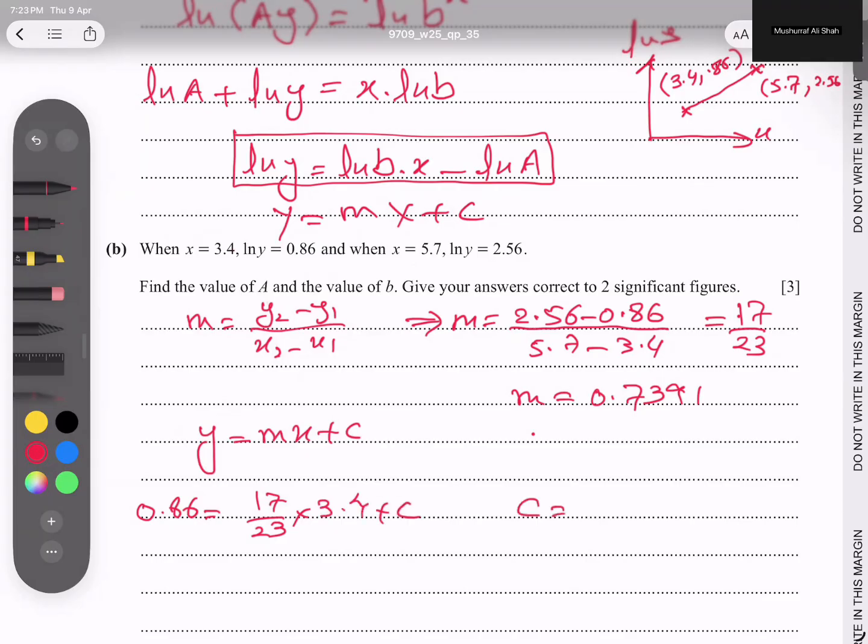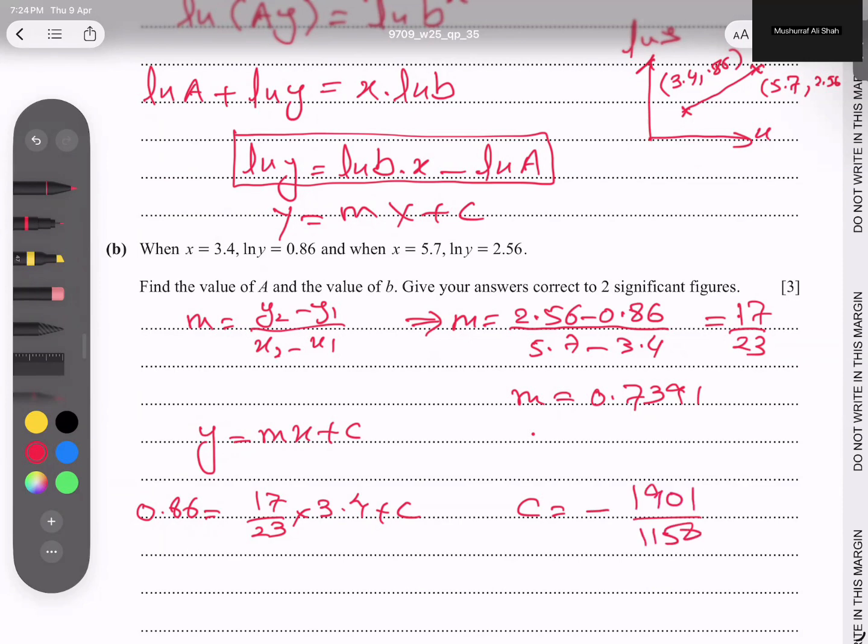So what does the c value turn out to be? Let me calculate. 0.86 minus 17 divided by 23 times 3.4. In fraction form I'm getting a big number, negative 11901 over 1150, and in decimal it is coming 1.6.